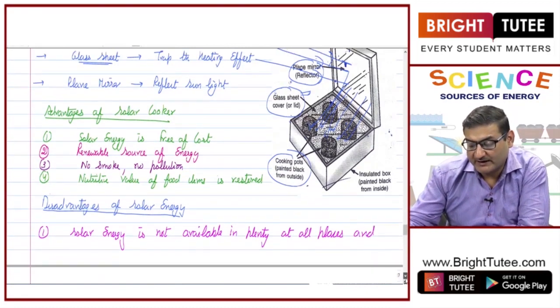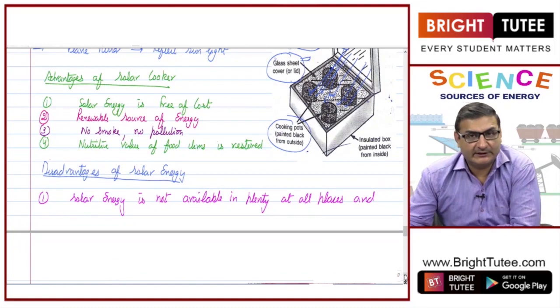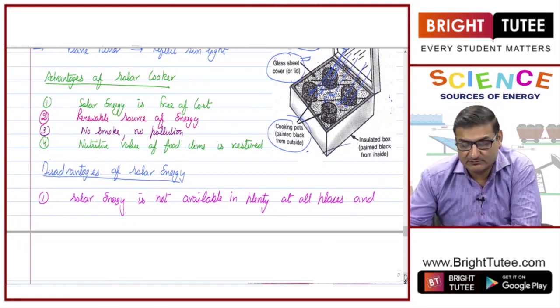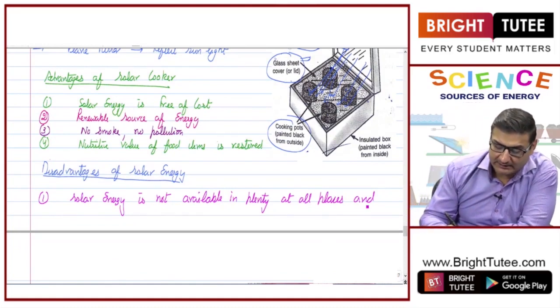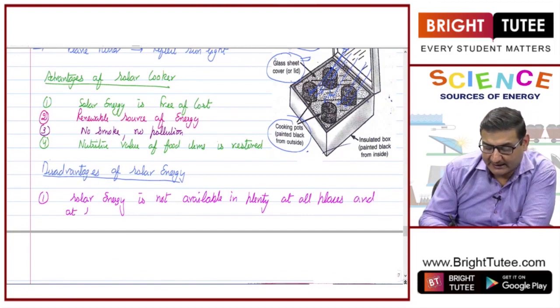That is what we have been studying throughout in the renewable sources of energy or any natural resource, that are not available at all the places and at all the times.